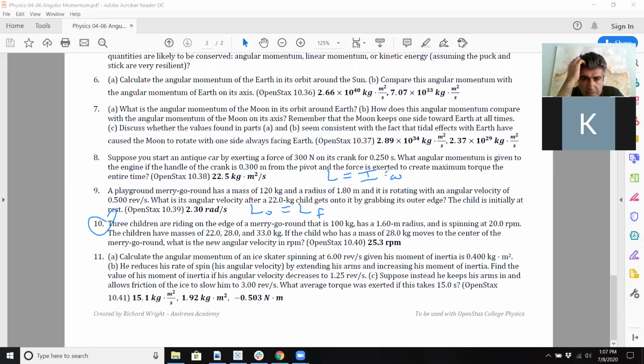You can think of the merry-go-round as a solid disk, I believe, so I'm going to use m r squared over 2.